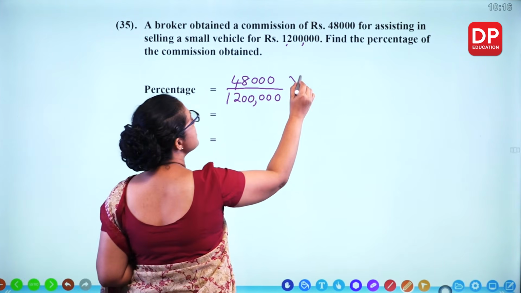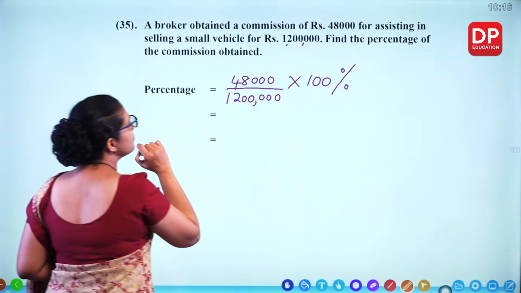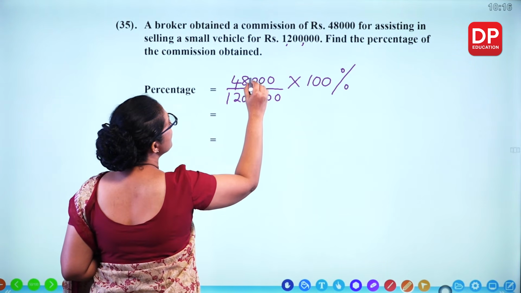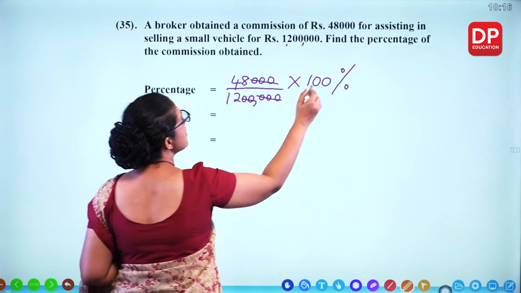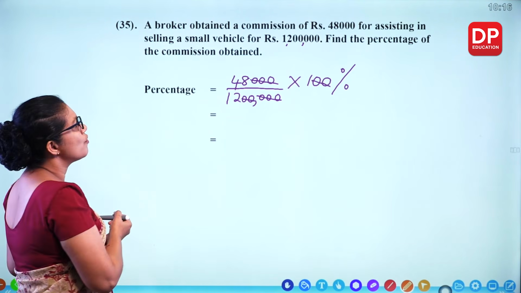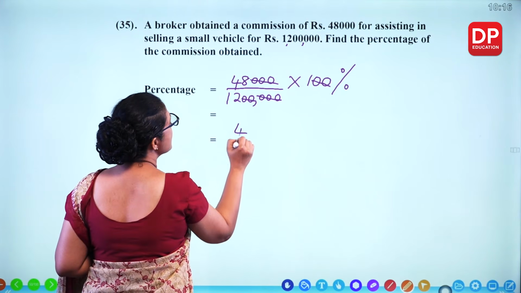So as a percentage, you multiply by 100. So what's the value? 3 zeros get cancelled out with these 3 zeros. So 48 divided by 12, that's 4% commission.